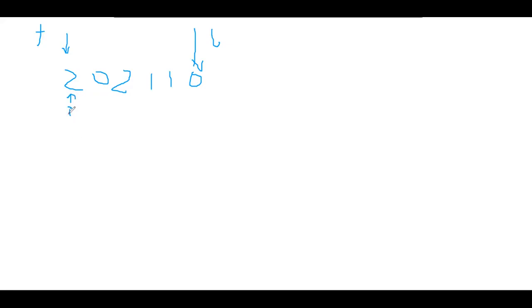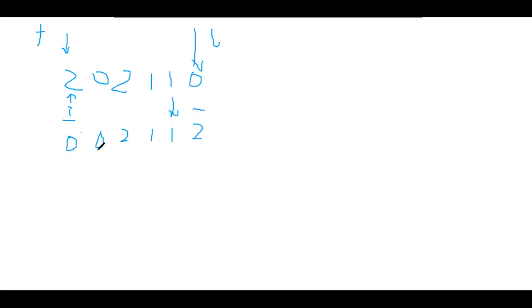If the I equals the last color 2, we swap 2 and this one. That means this is 0, 0, 2, 1, 1, 2, and the L moves backward one step.